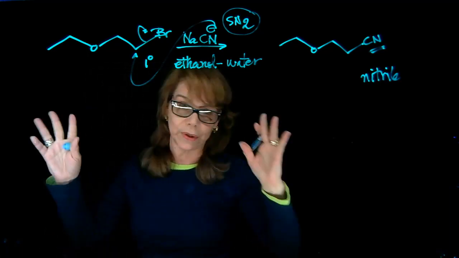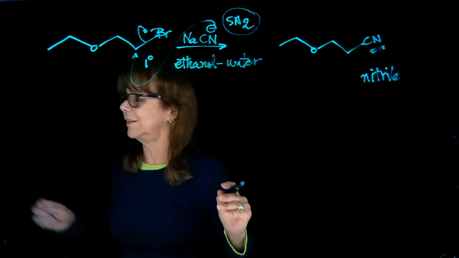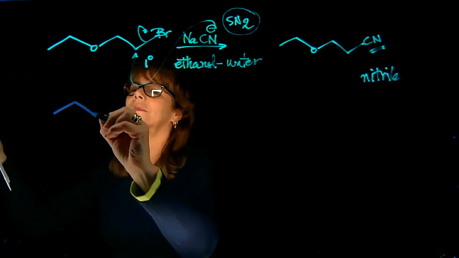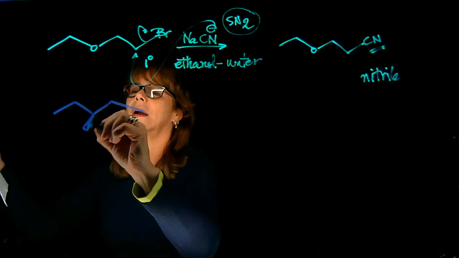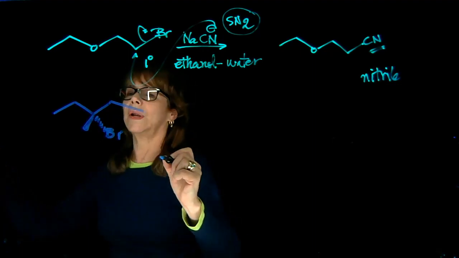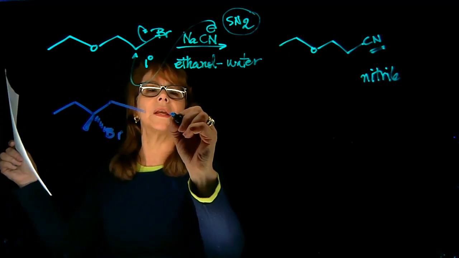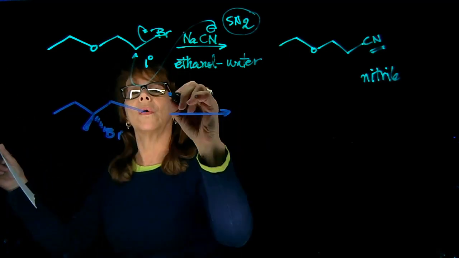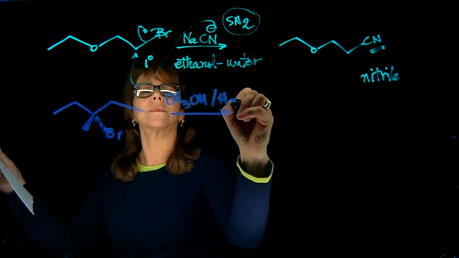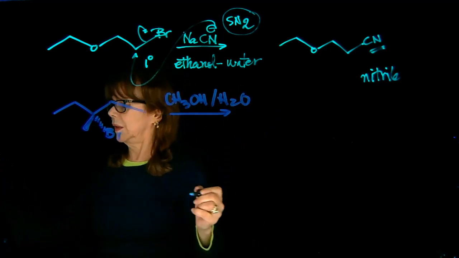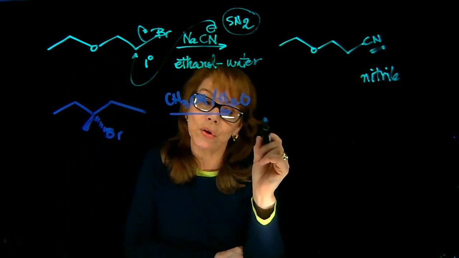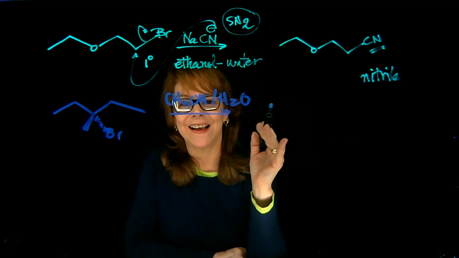Okay, now let's do another problem. Again, identifying what the reagent is and what it is doing to the substrate. I'm going to copy here the following structure. I have bromine here. Now notice the reagent. What is the reagent? We have here methanol and water, two nucleophile solvents that are miscible.